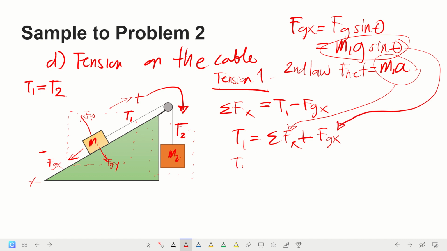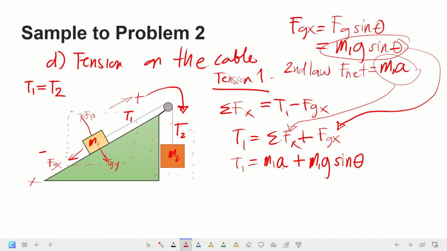Tension 1 now is equal to m1 times acceleration plus m1 times acceleration due to gravity sine theta. We have the value for the acceleration.